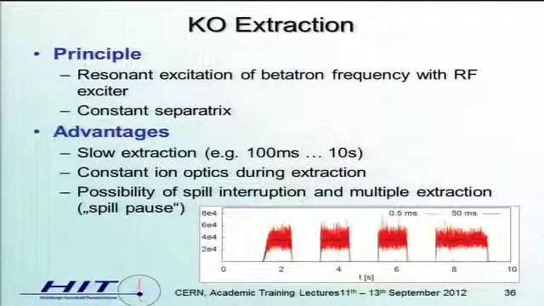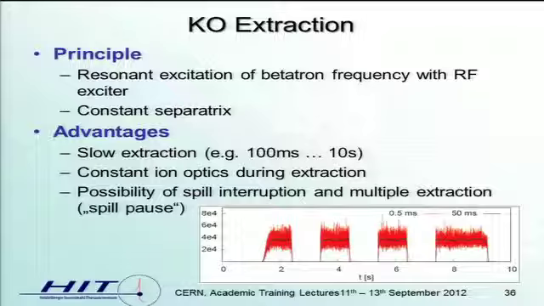The principle is not very complicated. You have a resonant excitation of the betatron frequency with an RF exciter. So what you add on the electrodes is more or less a pink noise, a bandwidth of, let's say, some megahertz.